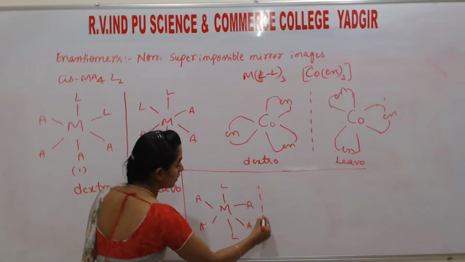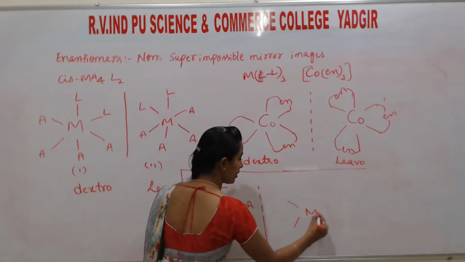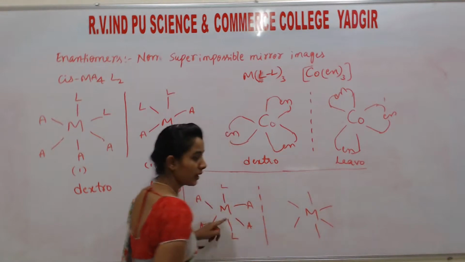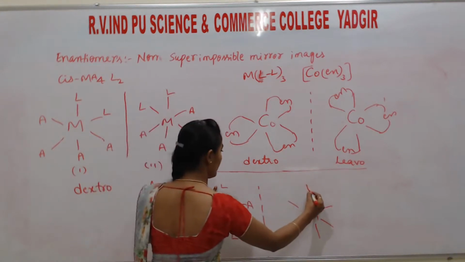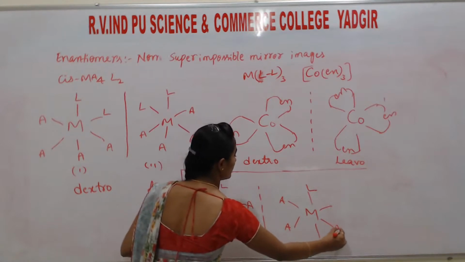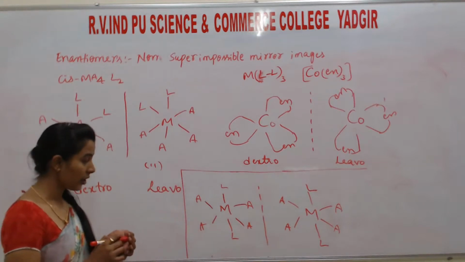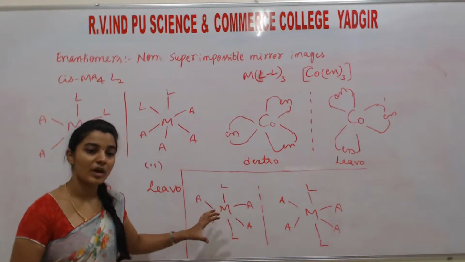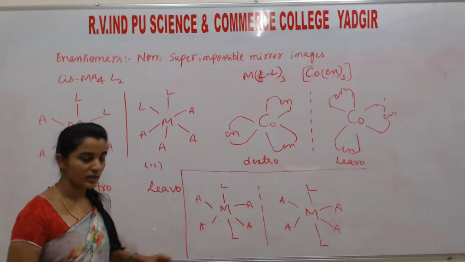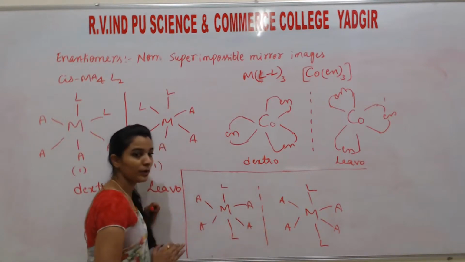If you write the mirror image, with M placed here, again the octahedral structure, it will become this one and this one. So the mirror image of the trans isomer is exactly the same as the first structure. Understand? This is a superimposable mirror image.